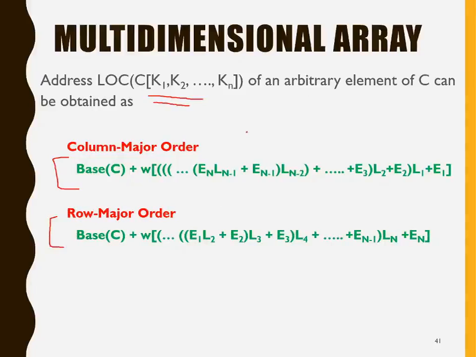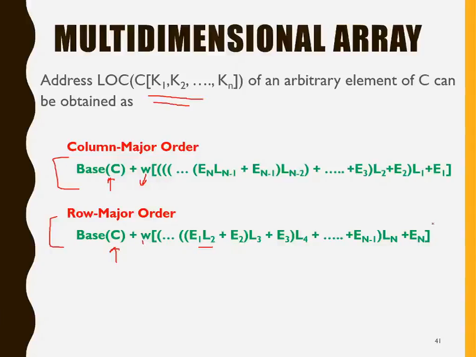So it will be the row major and column major formula to calculate the address of a given element in a multi-dimensional array. This is the width, or you can say the size of any particular element in bytes. This is the base address or starting address, and this is the base address or starting address in the case of row major, again the width, and these are the effective index and the length of that particular dimension.